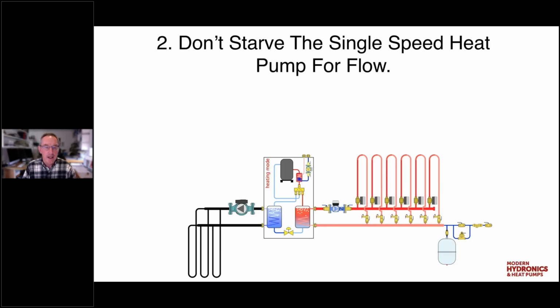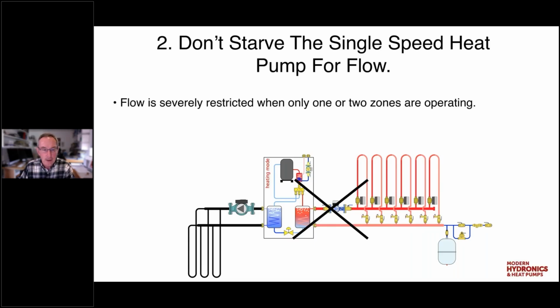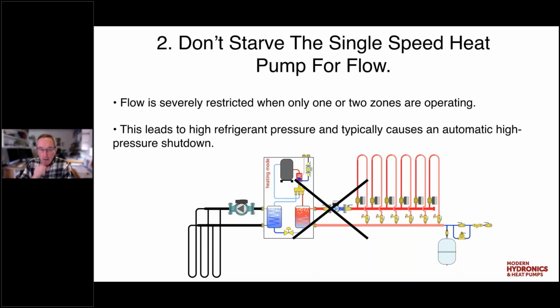And typically that's going to cause a high head pressure condition in the heat pump. So again, watch out for flow restrictions. You have to look at that existing distribution system. And we will talk about methods for accommodating that with a single speed heat pump.